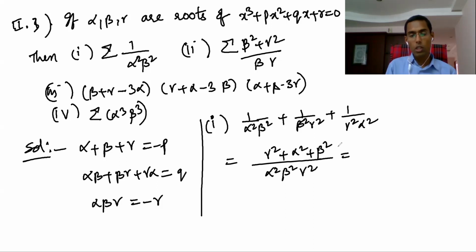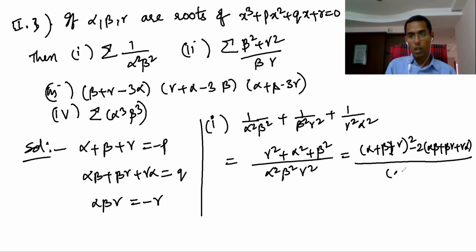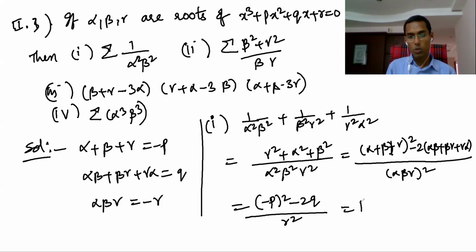This is going to be alpha plus beta plus gamma whole square minus twice of alpha beta plus beta gamma plus gamma alpha, by alpha beta gamma whole square. Now let's substitute this. Alpha plus beta plus gamma is minus p, so we get p square minus 2q, by r square. So p square minus 2q by r square is the answer to the first question.